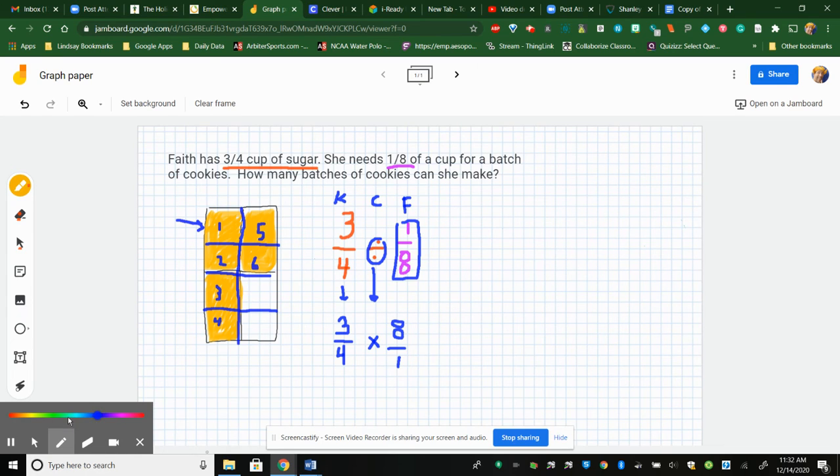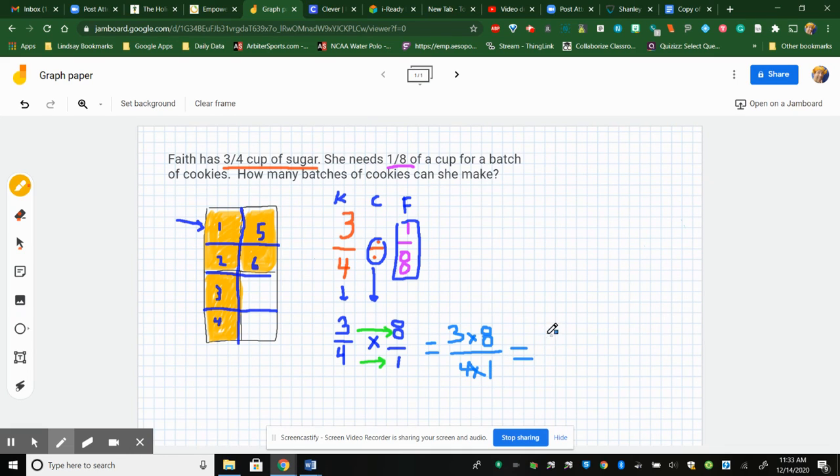And then next, we're just going to multiply straight across, right? Straight across. So now what we have is, this is going to equal 3 times 8 and 4 times 1.